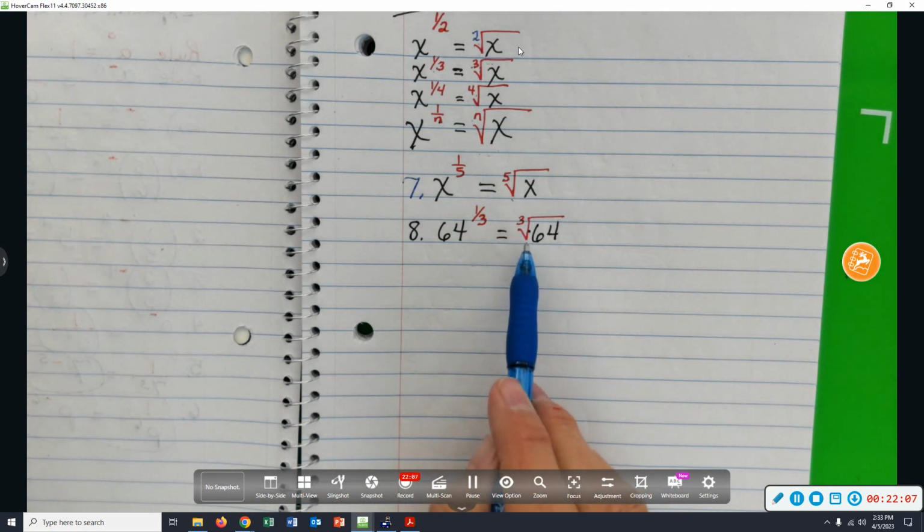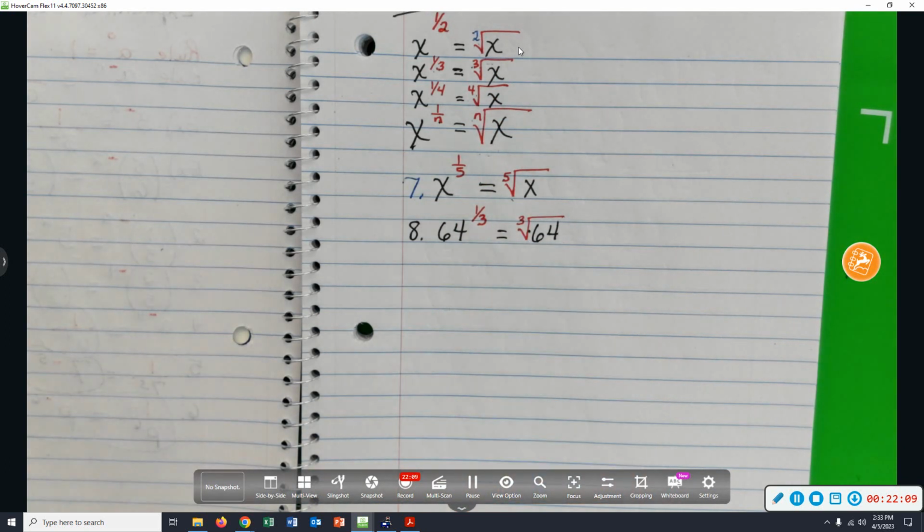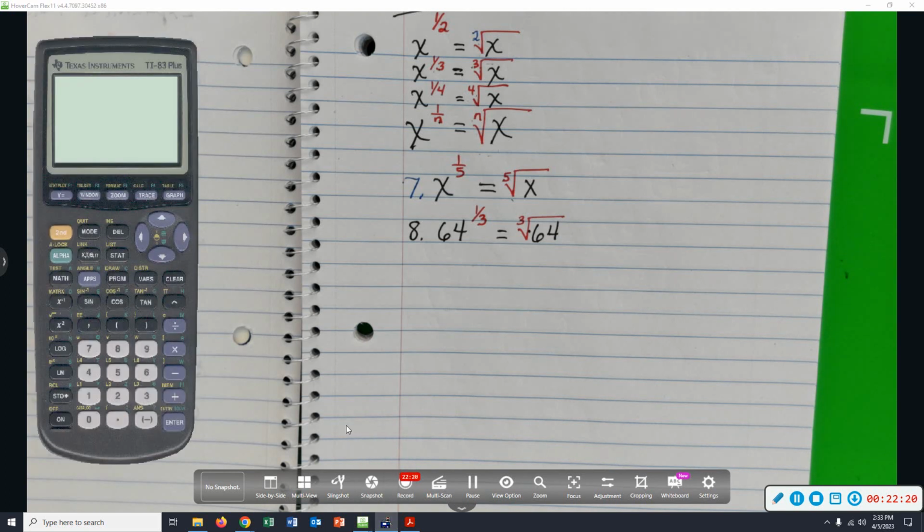So cube root of 64. Don't say 8. 8 times 8 is the square root of 64. What about the cube root? Let's start by trial and error. 2 times 2 times 2. Will that give me 64? No. Certainly 3 won't do it. Is it 4?